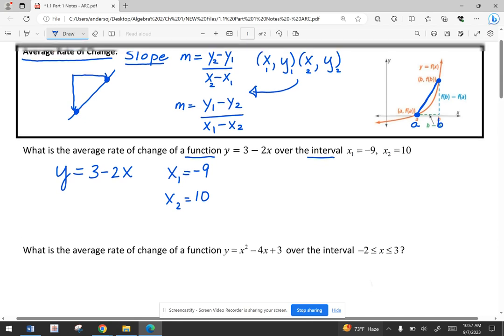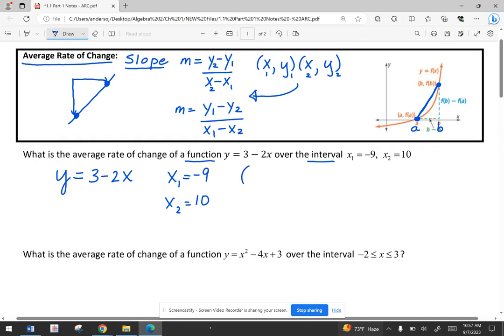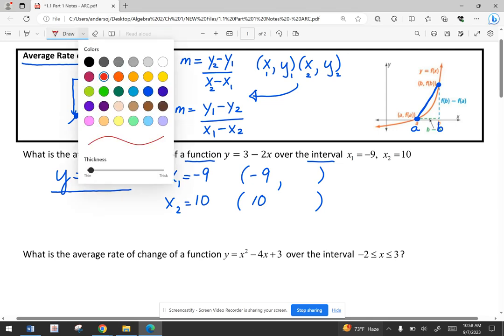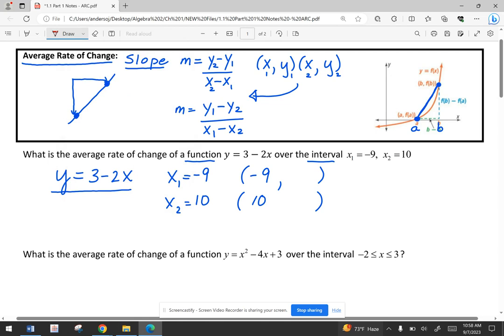So if you remember above, we need two ordered pairs in order to find the slope. Well, they give us the two x's, but they don't give us the two y values. So what we're going to do is go back and use this equation. If you can see, they have an x and a y. So we're going to take the x that's given and plug that in.